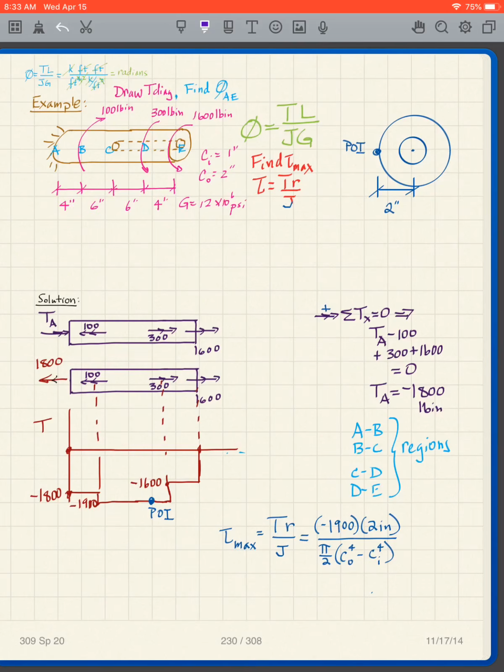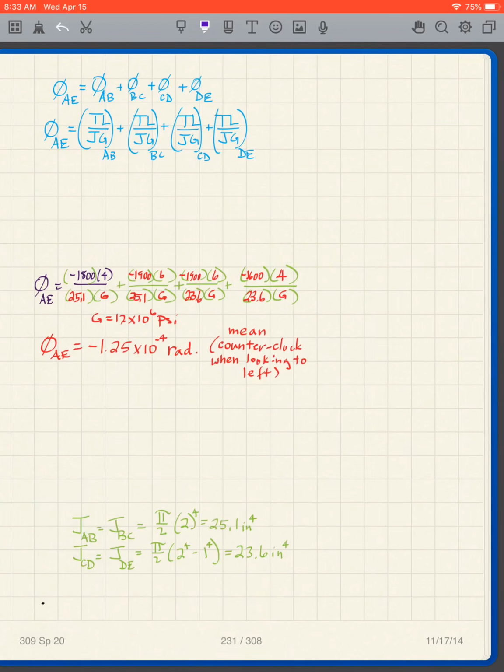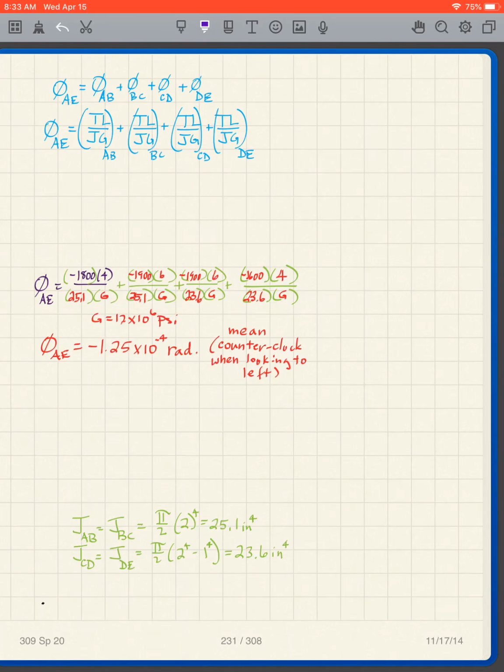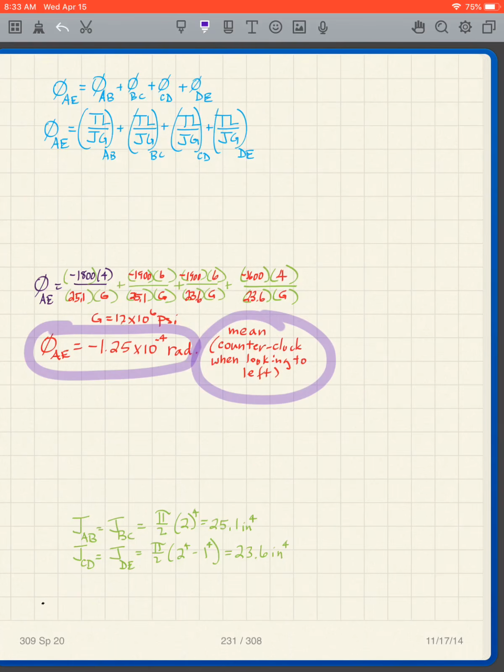And I just plug in all those values here. The G is given to be 12 times 10 to the 6 psi. When I do all this calculation, I end up with phi AE is minus 1.24 times 10 to the negative fourth radians. Again, the negative sign means it's counterclockwise when looking left.